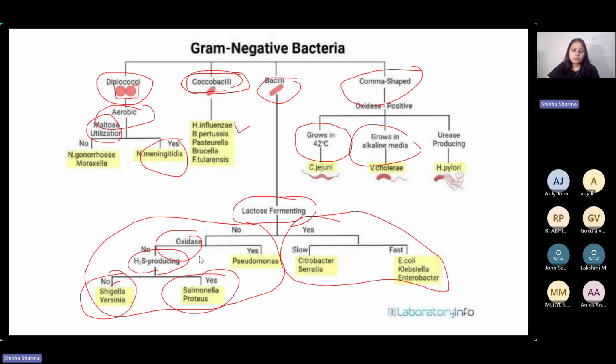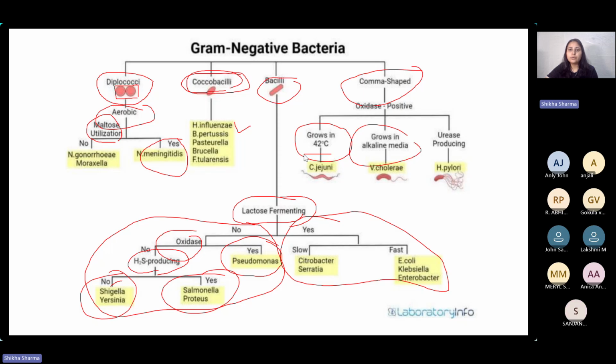Likewise, if it is oxidase positive but doesn't produce H2S, it can be classified as Pseudomonas. Then there are the comma-shaped ones: if it's oxidase positive and grows at 42 degrees Celsius, it can be classified as Campylobacter jejuni, and if it can grow in alkali media, it can be cholera, and if it produces urease, then pylori. So these kinds of further classifications are there in the gram-negative bacteria.